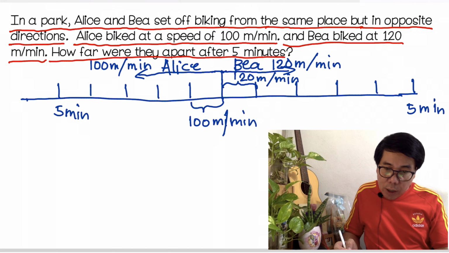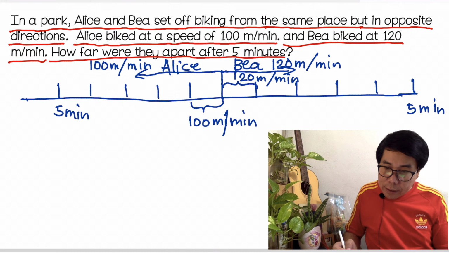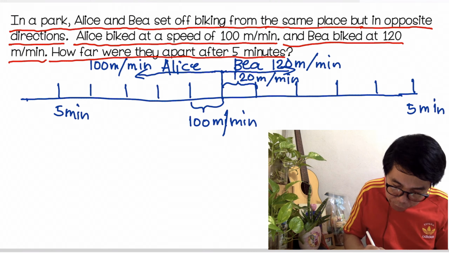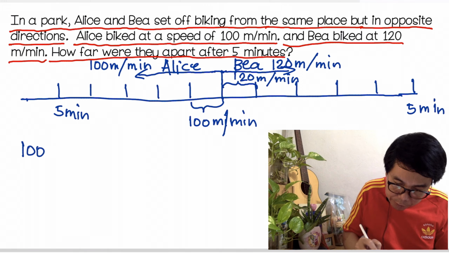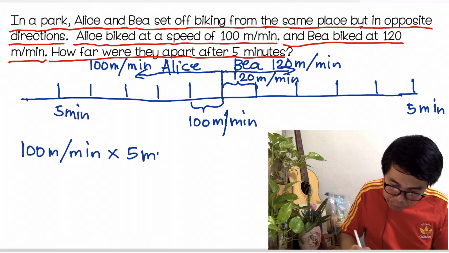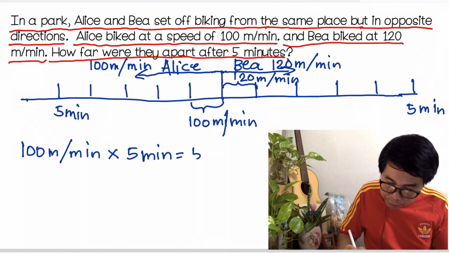We are going to find the distance that Alice had traveled. For Alice, 100 meters per minute multiplied by 5 minutes is equal to 500.